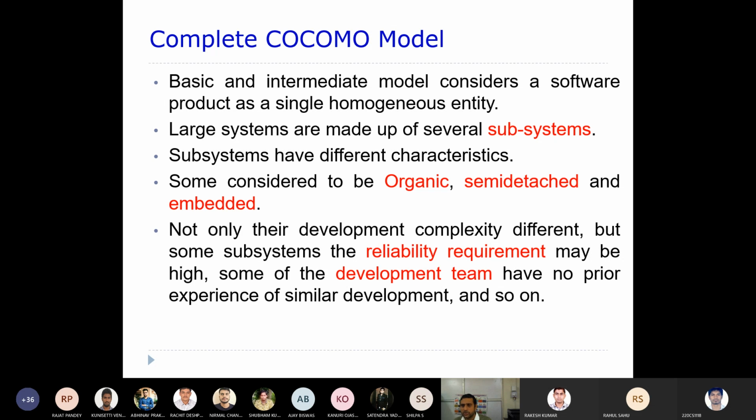They have assumed that each and every subsystem has similar characteristics, but that is not true in the real world. Usually your different subsystems will have different characteristics. One subsystem may be considered organic, another semi-detached, and some subsystem may be considered embedded. Also, each subsystem will have different reliability requirements.